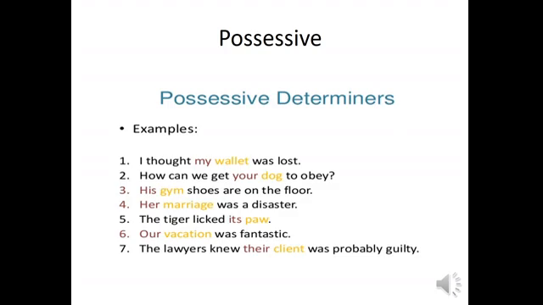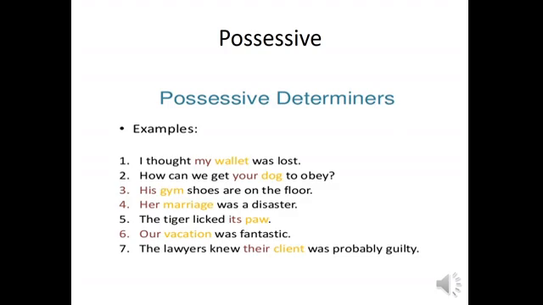One more thing we understand here is how these determiners are useful. What is this possessive? It shows possession or a relationship. Here you can understand my, our, your, his, her, its, their. Such words are called possessive, which show the relationship or possessiveness. I thought my wallet was lost.